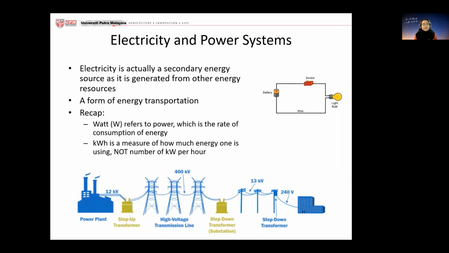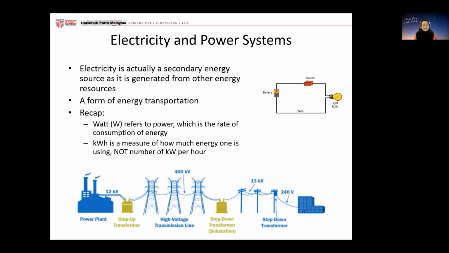And in your house, that electricity is transformed into another form. It depends. When you use an electric kettle, the electricity is transformed into heat. Whereas if you have a fan, the electricity is transformed into mechanical energy, because it's turning.